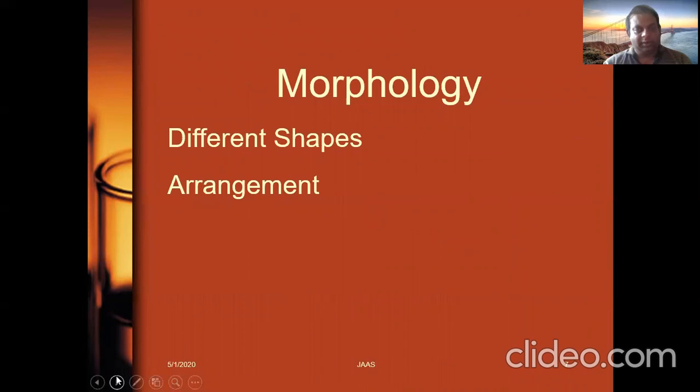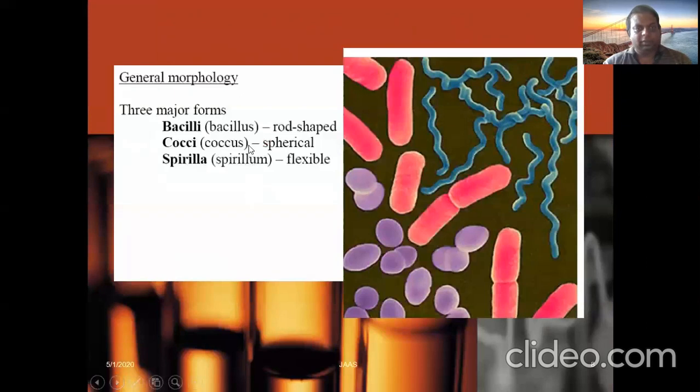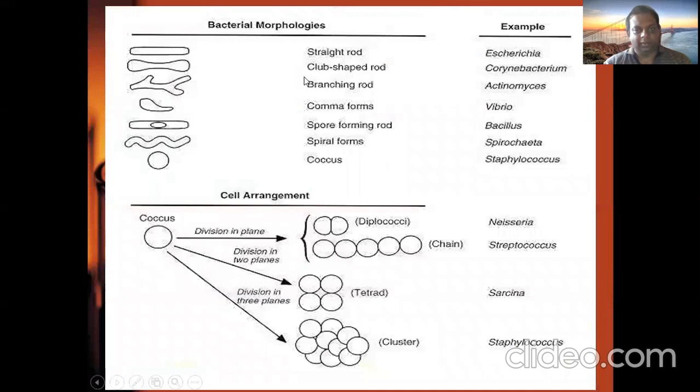Morphology. As said earlier, there are different shapes and different arrangements. Bacilli, cocci, and spiral, and further, straight rods, club-shaped rods, branching rods, forms like vibrios, spore-forming rods, spiral forms, and cocci. In the cocci, if it divides in one plane, they are arranged in twos, called diplococcus.